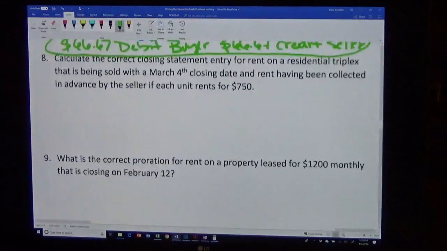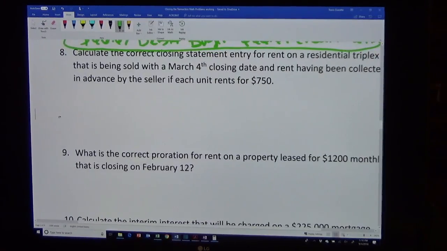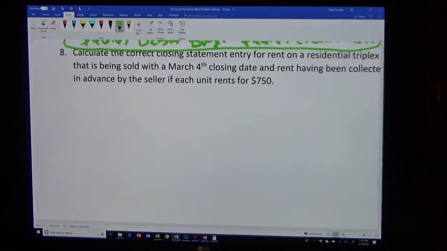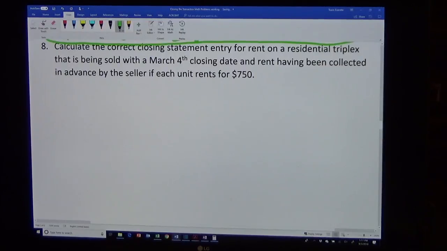Number 8, calculate the correct closing statement entry for rent on a residential triplex that's being sold with a March 4th closing date and rent having been collected in advance by the seller if each unit rents for $750. Well, let's take care of one obvious thing and get it out of the way.